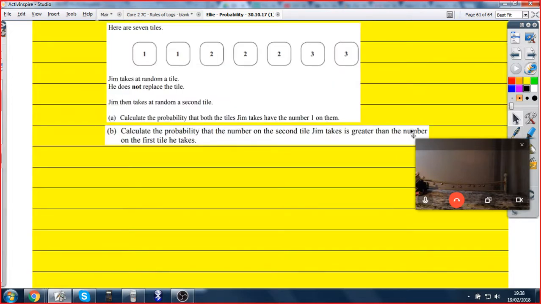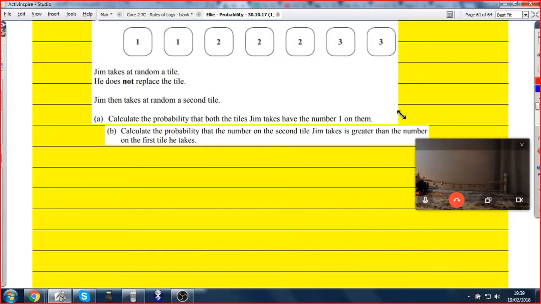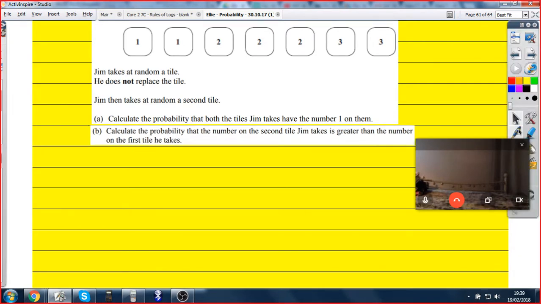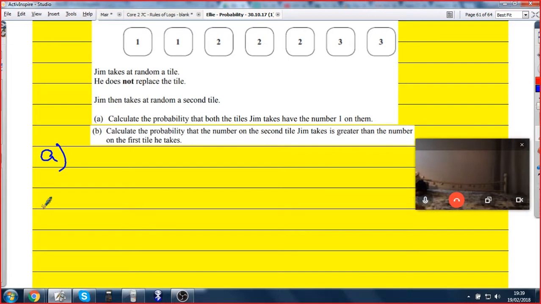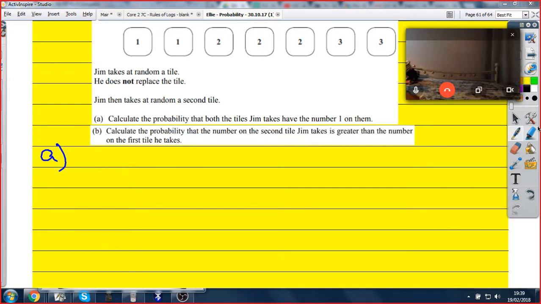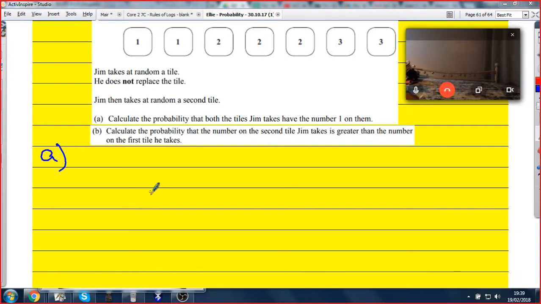Okay, let's try this one. So first you write down all the possibilities of numbers, so like 1, 1, 2, 2, and 3, 3.